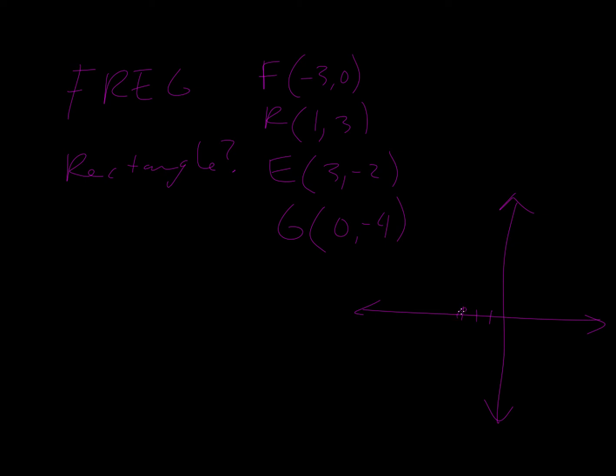So (-3, 0). R is (1, 3). G is (3, -2). And then G is (0, -4).